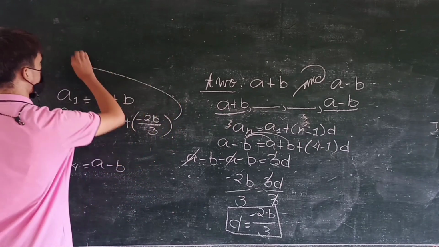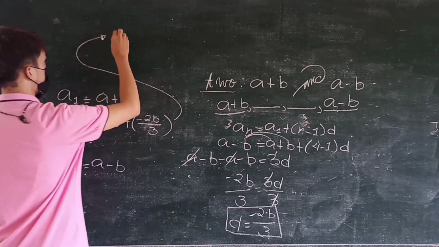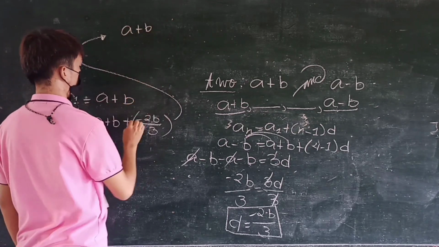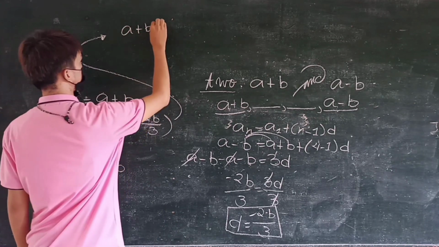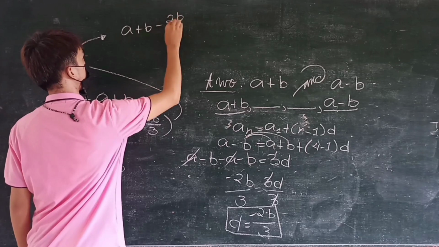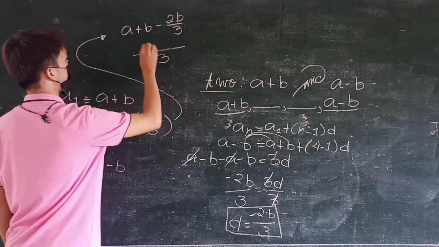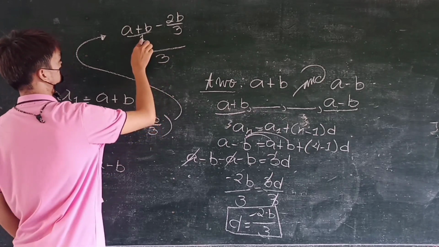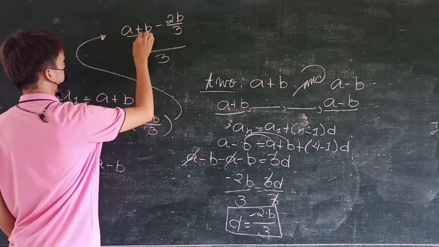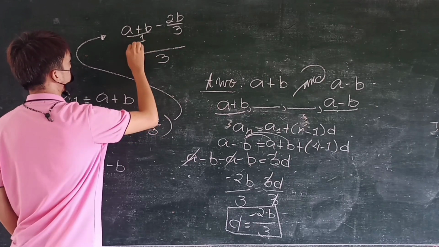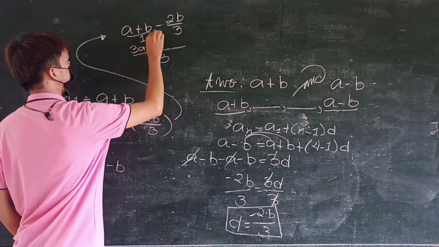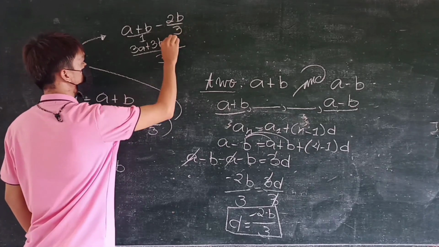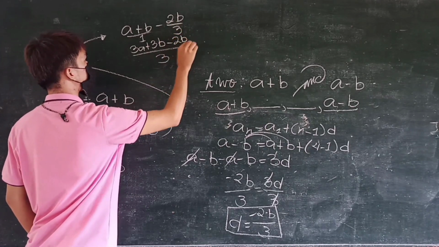So here is the solution for this one. We have a plus b. Positive times negative is negative. We have the LCD, 3. 3 divided by 1 is 3 times a plus b, we have 3a plus 3b. 3 divided by 3 is 1 times negative 2b, we have negative 2b.